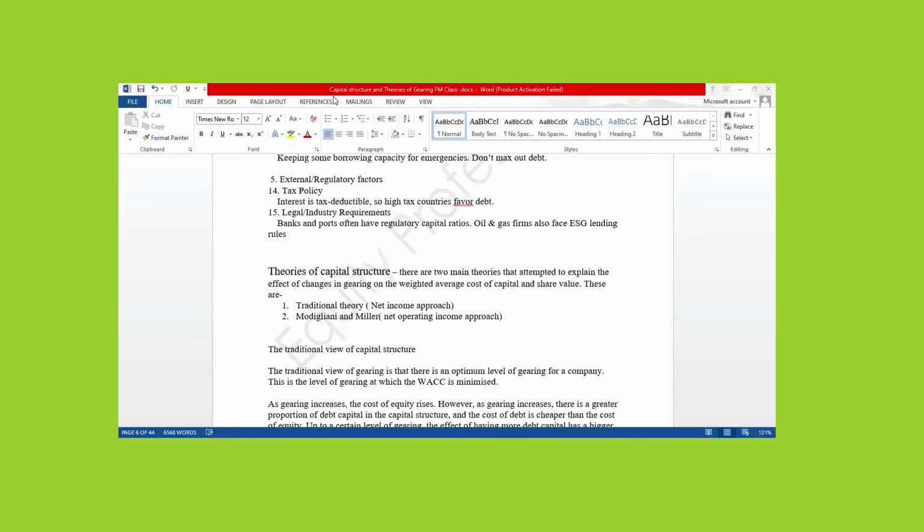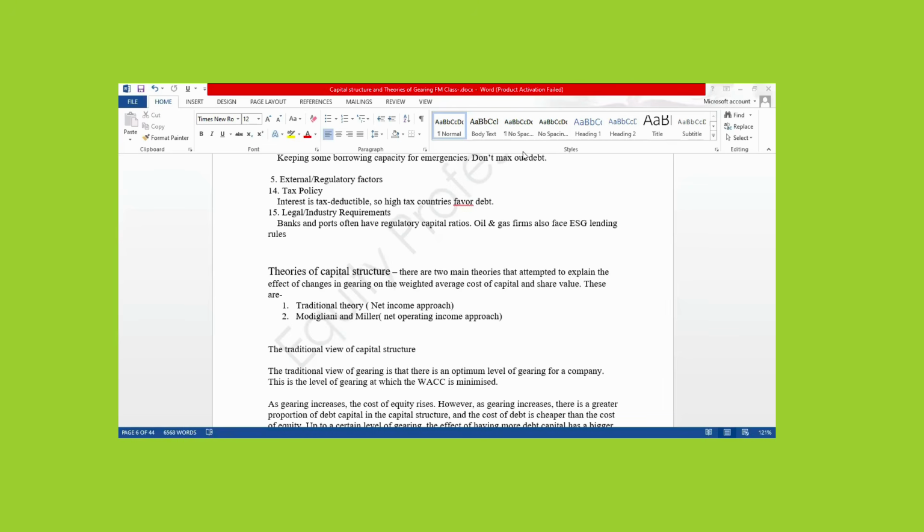So the question we are trying to treat now is, do you think the choice of capital structure will affect the value of the company? Let's go to this discussion. There are two main theories that attempted to explain the impact of changes in gearing on the weighted average cost of capital and on share value.